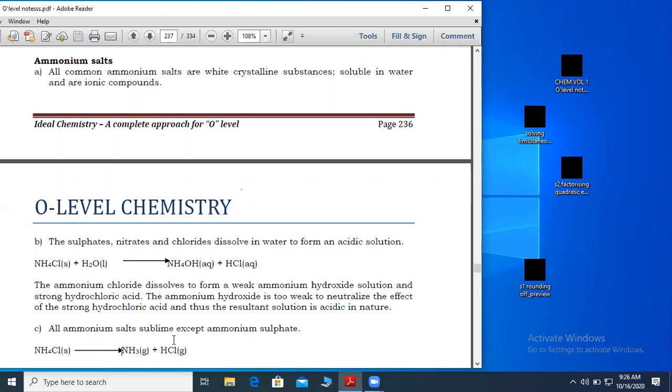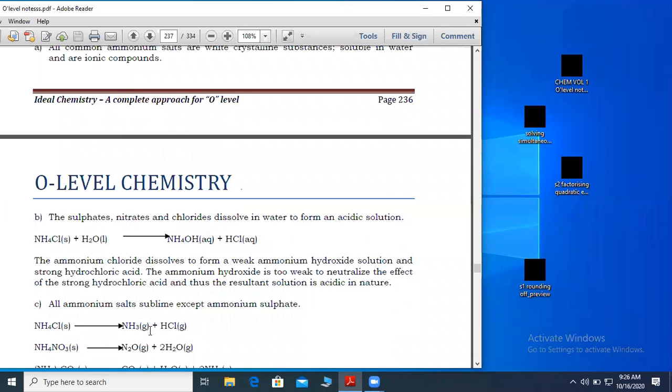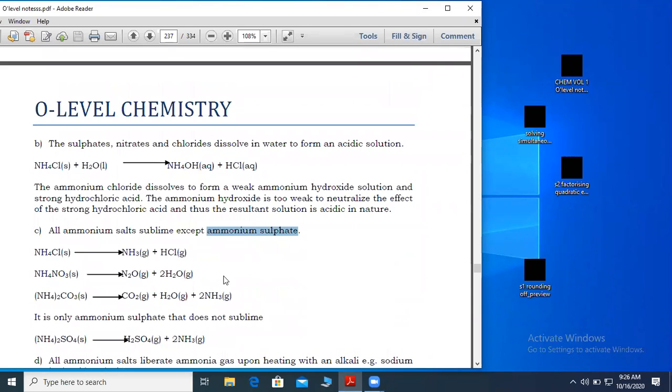All ammonium salts sublime. This one we talked about. All ammonium salts sublime except ammonium sulfate. When we say sublime, it means they turn to what? To gas from solid. So ammonium chloride, we know it sublimes, so it forms ammonia gas and hydrogen chloride.